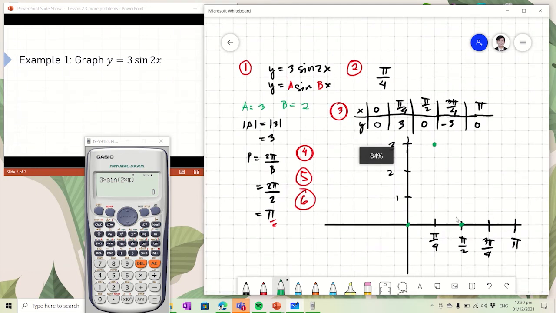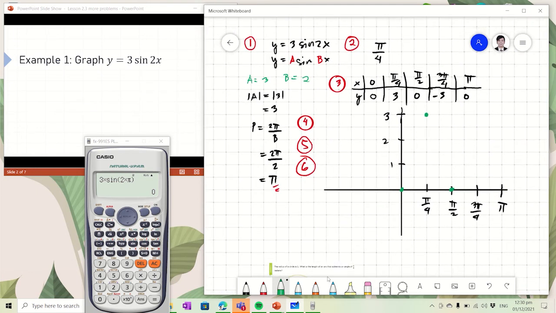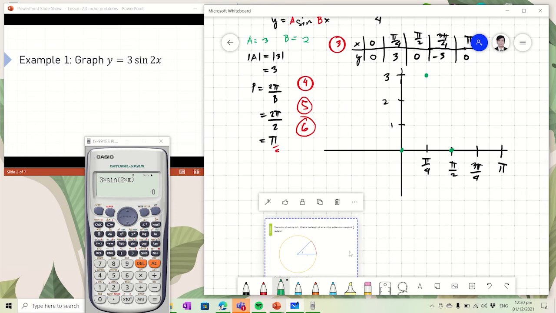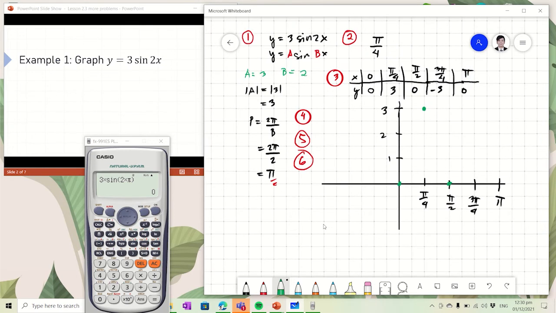And then for 3 pi over 4. Okay, let's label. Negative 1, negative 2, negative 3. So 3 pi over 4 and negative 3. So here. And then pi and 0.